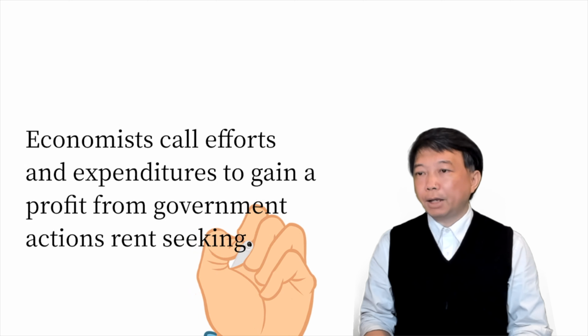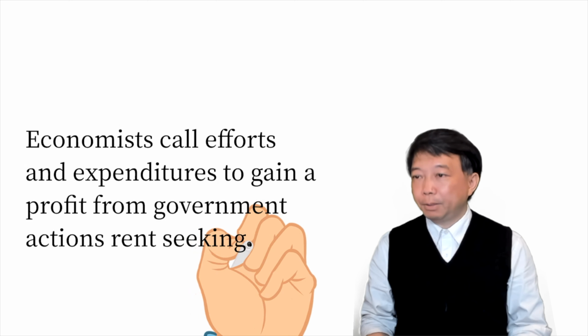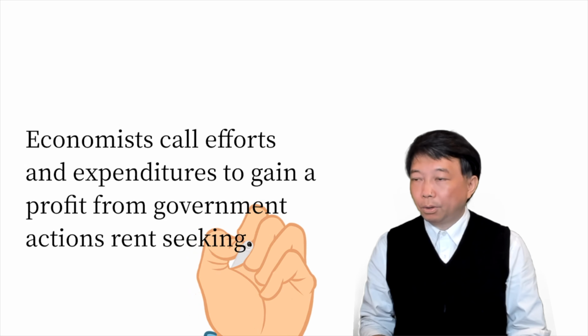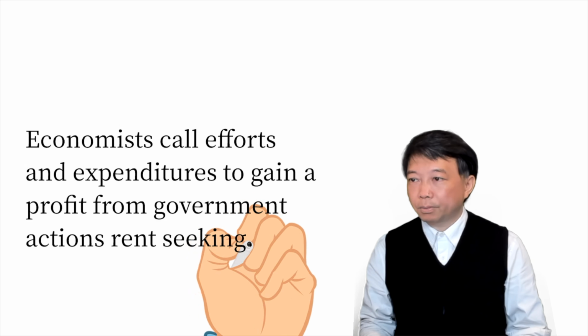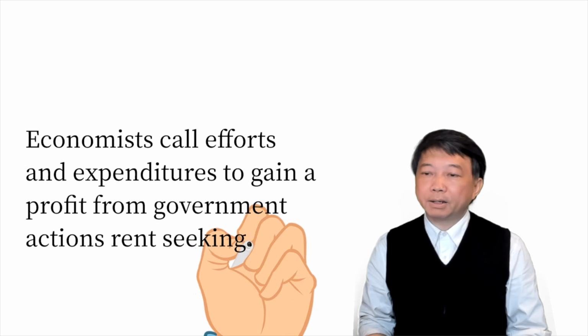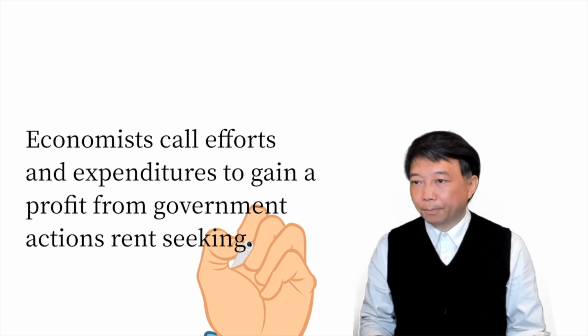They can influence or even bribe legislators or government officials to implement tariffs, although the loss to consumers exceeds the gain to domestic producers. The domestic producers benefit from government actions through their rent-seeking behavior.